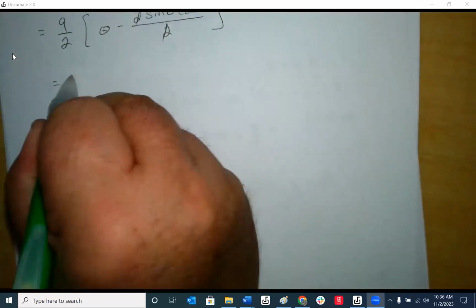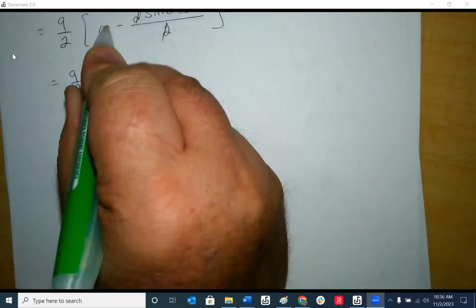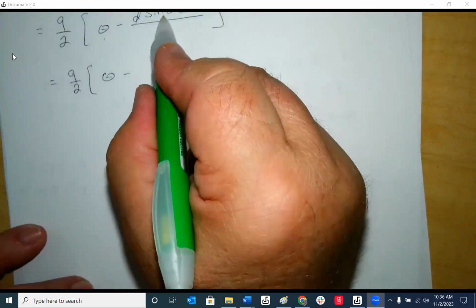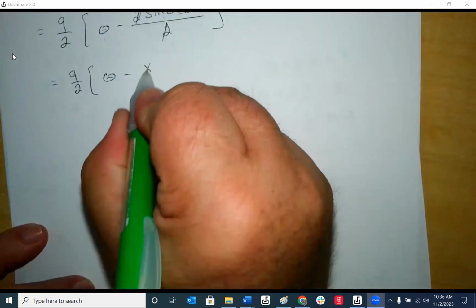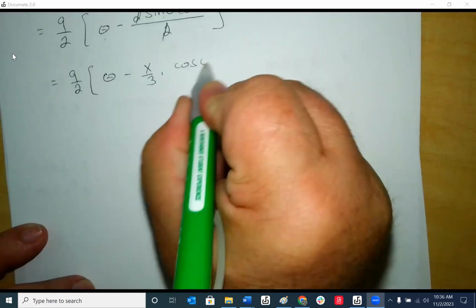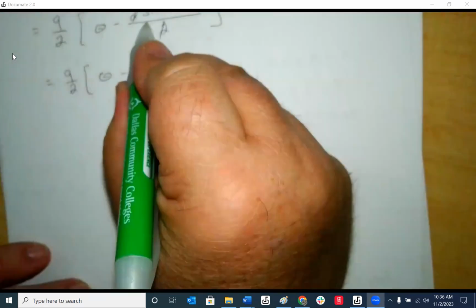We have 9 over 2. We'll get to this one in a second. Theta. Sine is x over 3 times cosine theta.